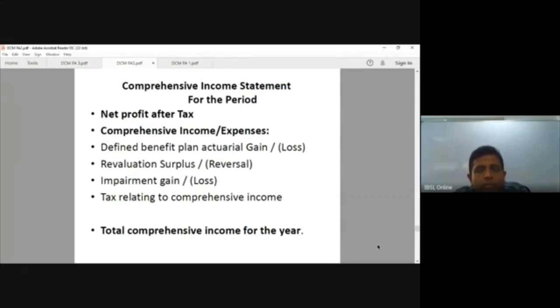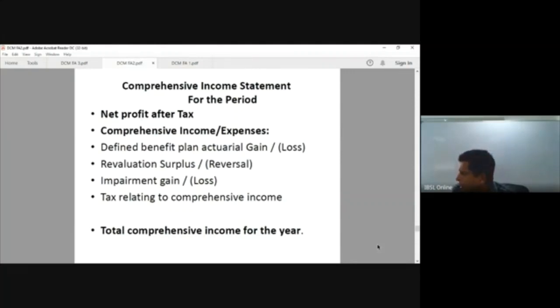I don't have time to explain these things, and to get a proper understanding you have to have good technical knowledge. The simple thing that I can explain is the revaluation gain and loss. Revaluation gains and losses are long-term gains and losses.